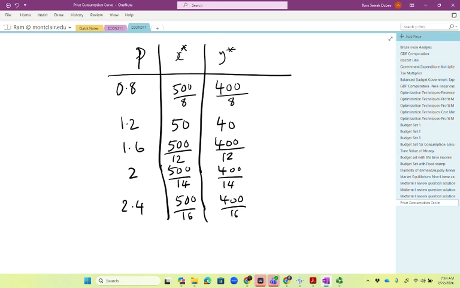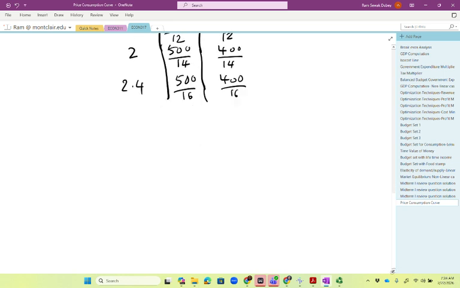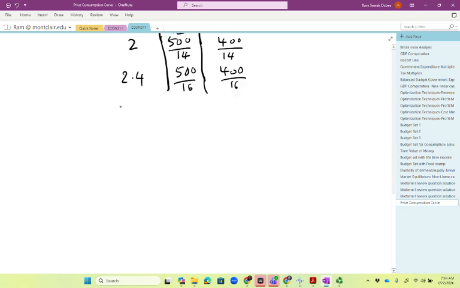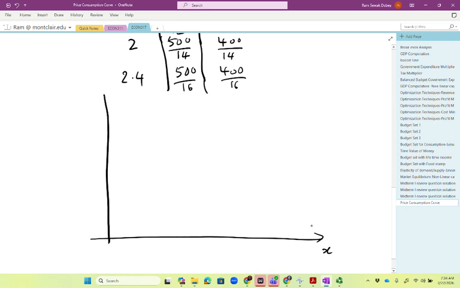Again, as I have said before, price consumption curve is the locus of the choices made by the consumer when I have changed price of only one good. So I have y on the vertical axis, x on the horizontal axis, and then I want to draw the price consumption curve. We will like to show it as the optimal choice made by the consumer when I am changing the budget set available to the consumer.